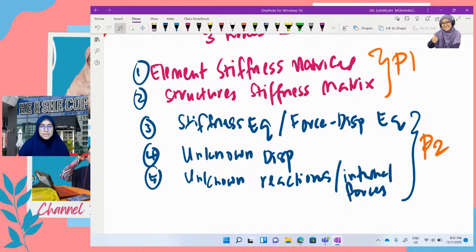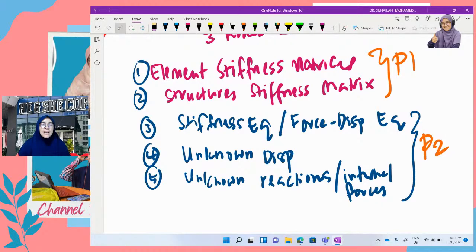Okay, make sure you understand the term, the concept of the stiffness method, and you must know how to use the formula given to establish the stiffness matrix for an element, and with the element stiffness matrices, you have to know how to get the structure stiffness matrix.